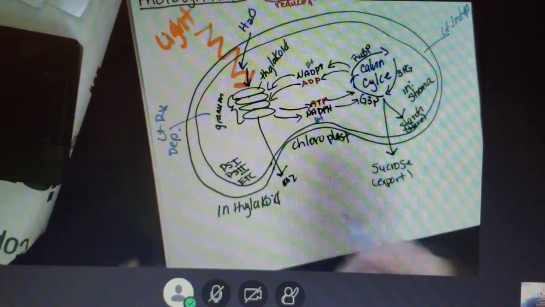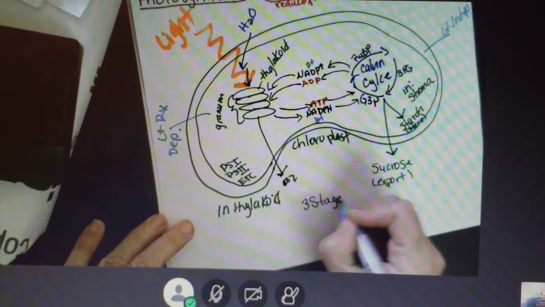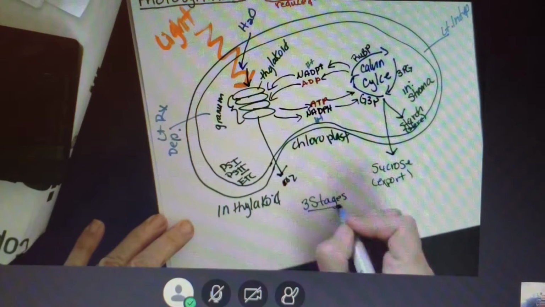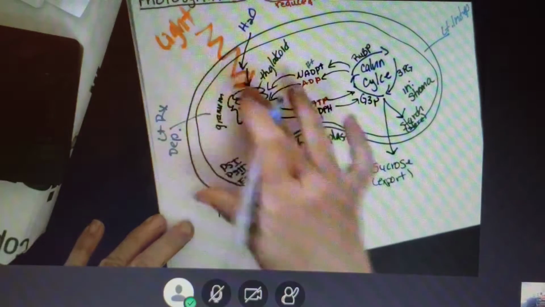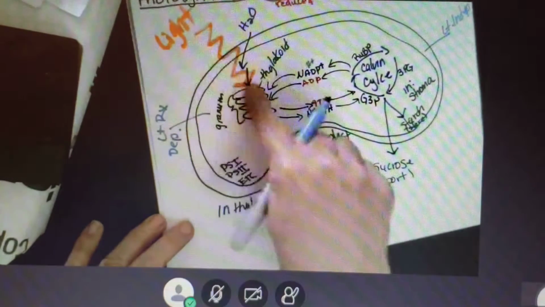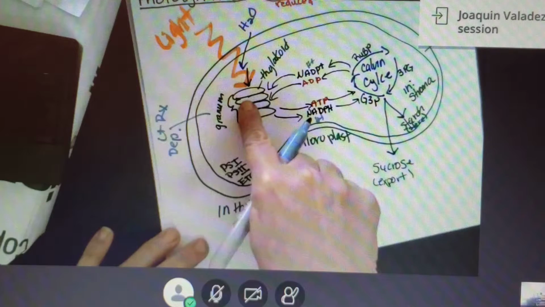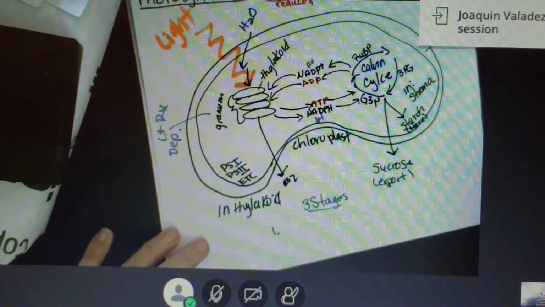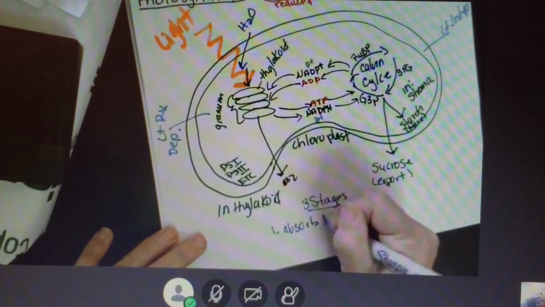So we have 3 stages here. First one, we're going to say, what is happening here? What's happening right here? We're absorbing the energy of light, right? Okay, so we're going to absorb light energy. That's the first step.